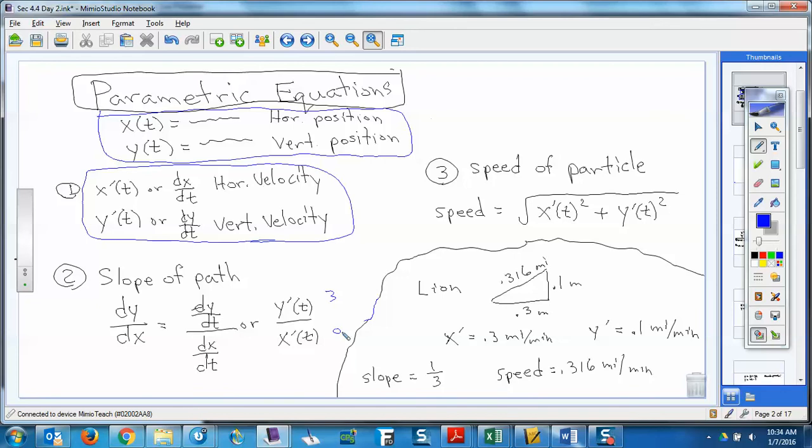Slope of the path is different than these things. Slope of the path is, here's the path, here's this particle going, that's the slope, but that's different than its rate. And then the last thing is the speed of the thing on the path. You can have this path right here, like the Kearney Trail. I used the example in the other class of Jazzy and me racing on the trail.